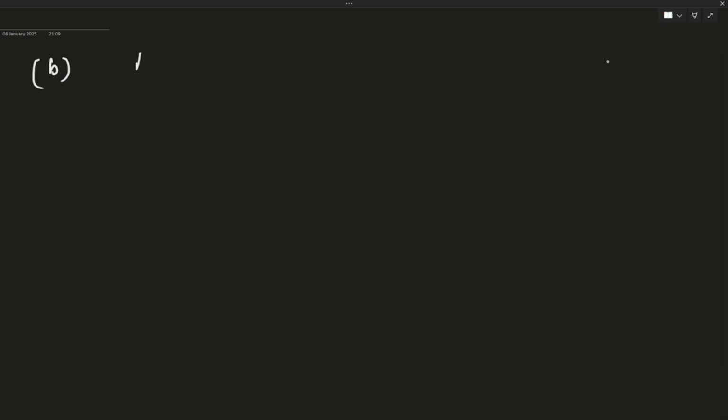So we will assume a polynomial f(x) equals x cube minus 6x square plus 11x minus 6. Now we know by factor theorem that we have to check for x minus 3.